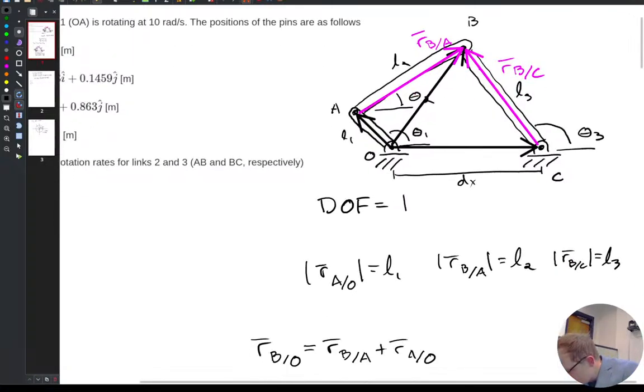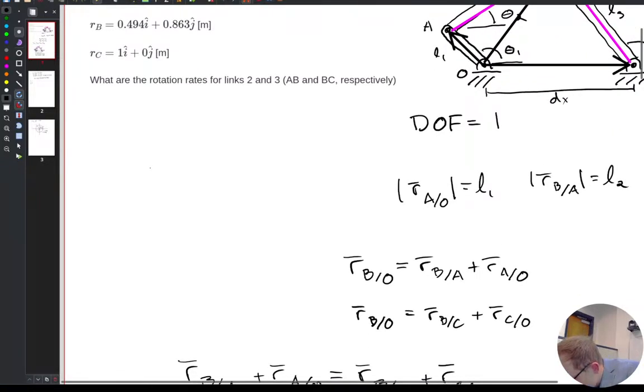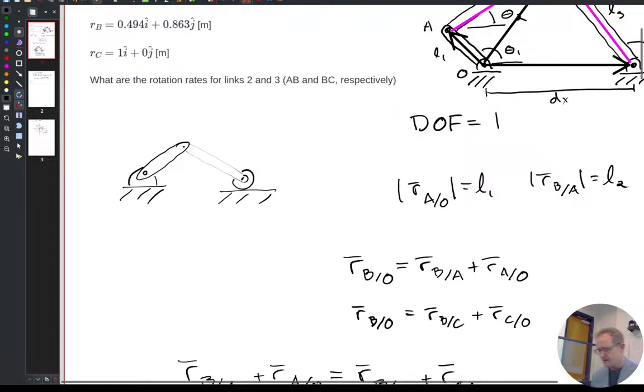So even in that problem, when we had 3 moving parts, 1 rolling, 2 rotating, we could do the same thing and say, here's 1 vector, there's another vector, and here's a 3rd vector.